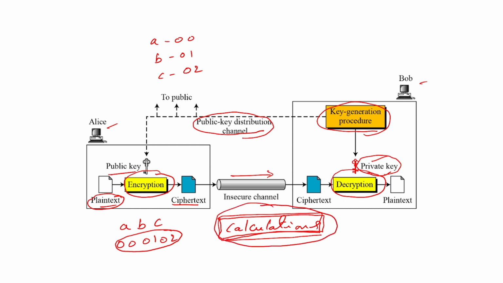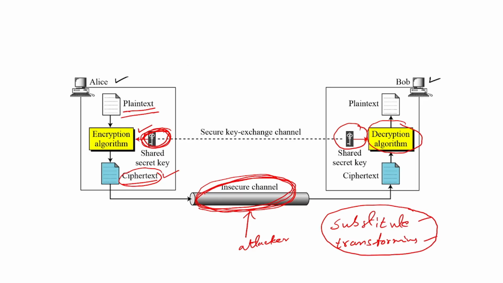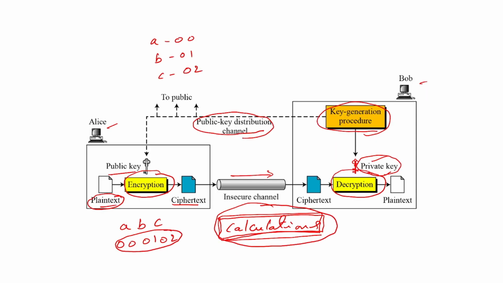So when do we use symmetric key and asymmetric key? Symmetric key cryptography is used for long messages. Asymmetric is used for only short messages, because there are a lot of calculations in the encryption and decryption operations.